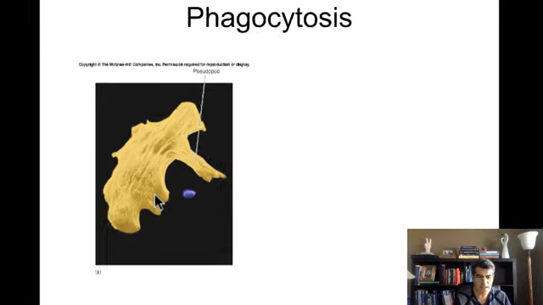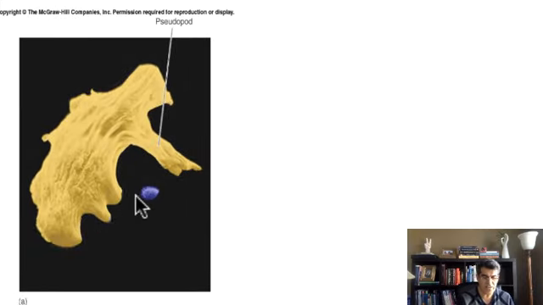So a phagocyte is a cell that can extend itself and grab a chunk of material and bring it inside the cell. That chunk of material can be a solid food, or can be a bacteria, or it can be even another cell. Do you remember?